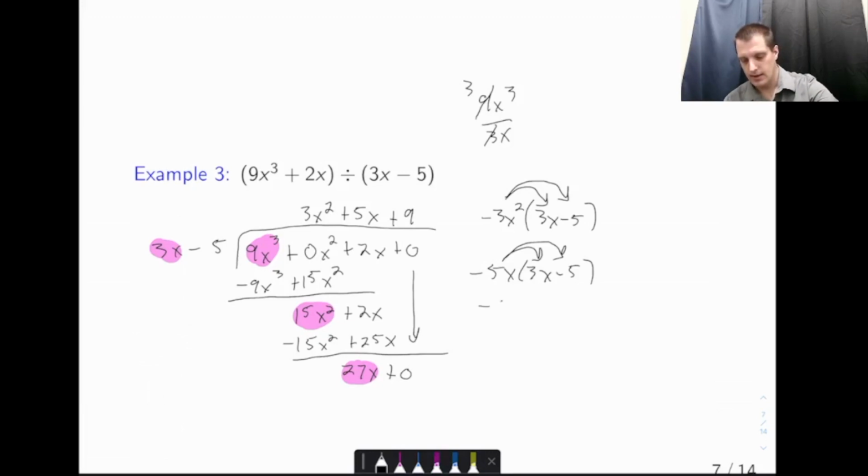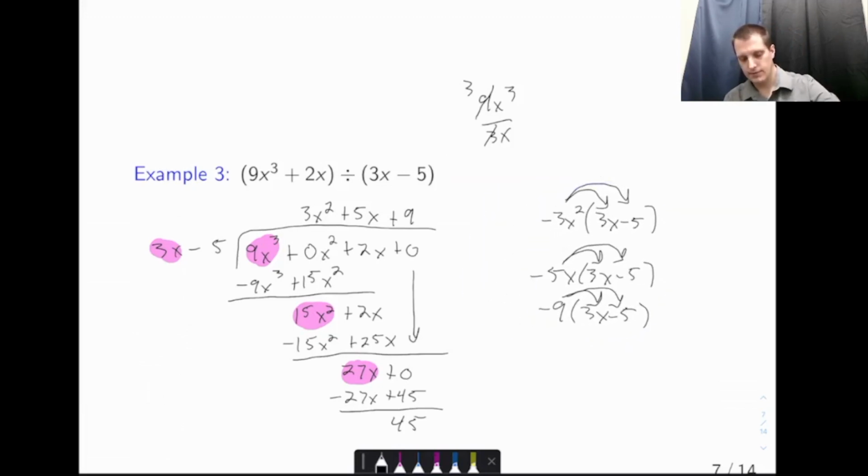So we're going to get a negative 9 times 3x minus 5, which gives us a negative 27x plus 45. And we get a remainder of 45. 45 does not have the same power as x. It's lower by 1. It's actually a 0. It's an x to the 0th power.